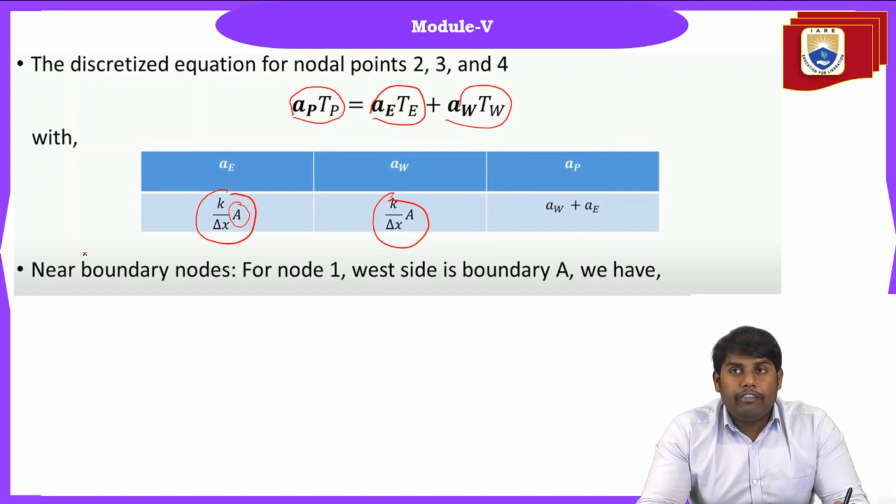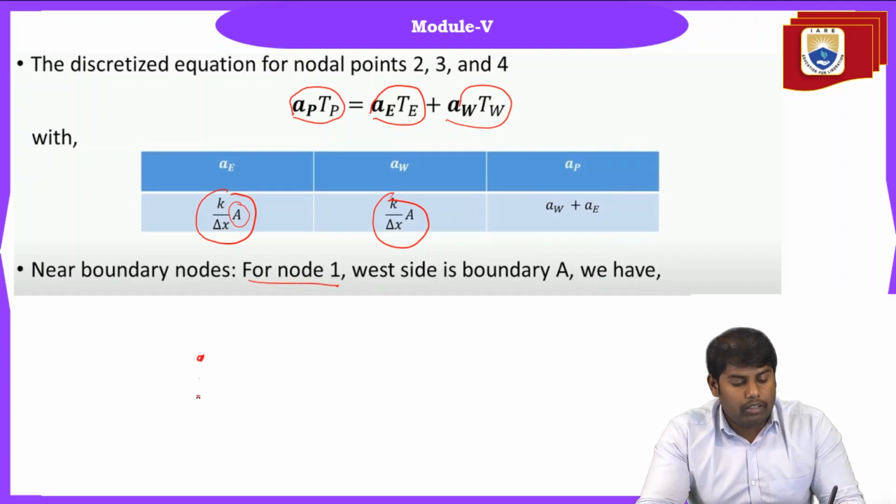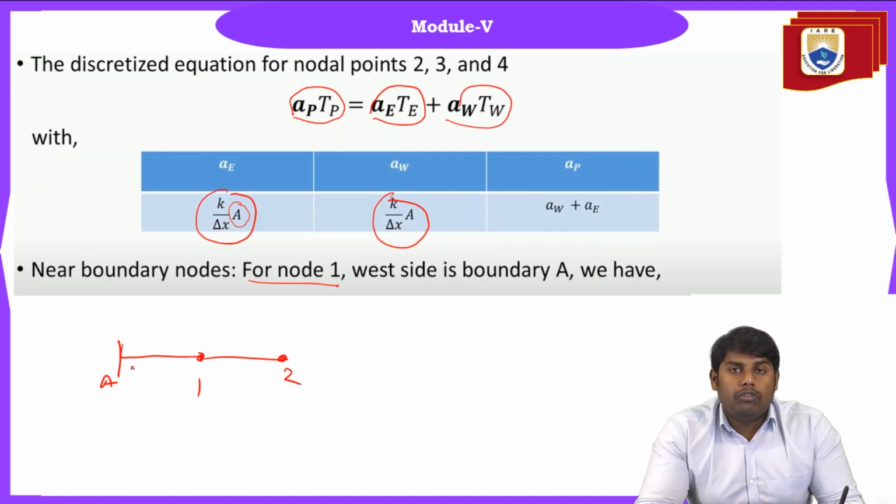Fine. So if we want to see what happens at the west node, let's say node 1, in the sense you have point 1. For the point 1, we have boundary A, and here you have 2. Okay. So how do we do the formulation?